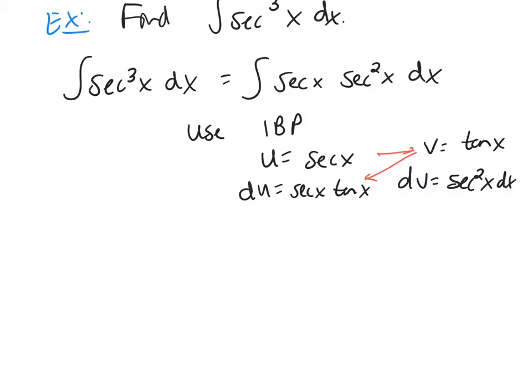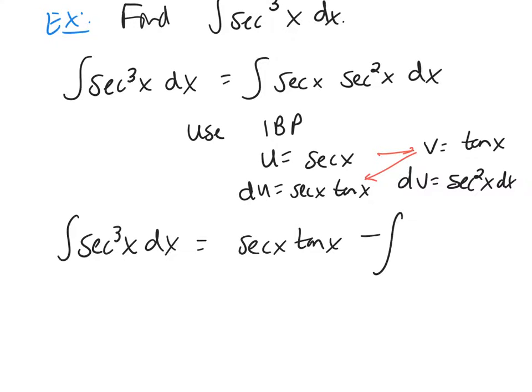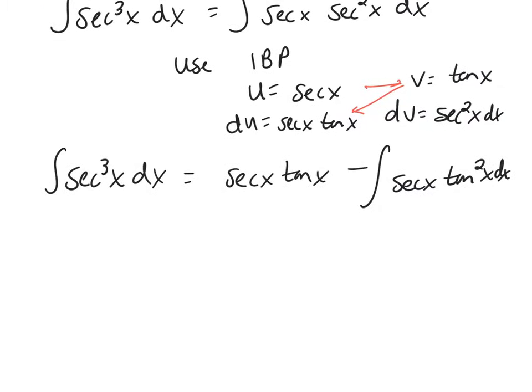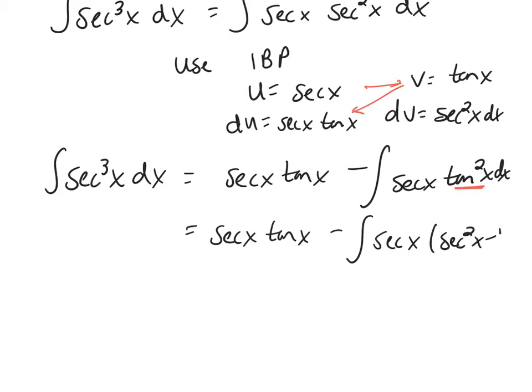So the integral of secant cubed will be secant times tangent minus the integral of secant tangent squared. So now we use our formula for tangent squared and write this as minus secant, and then this will be secant squared minus 1.